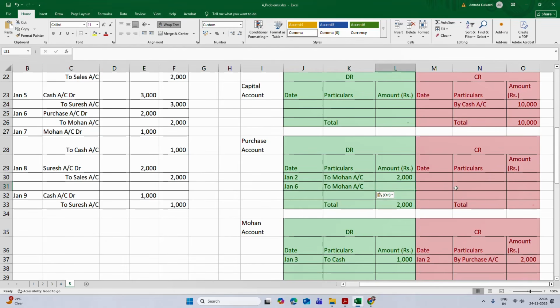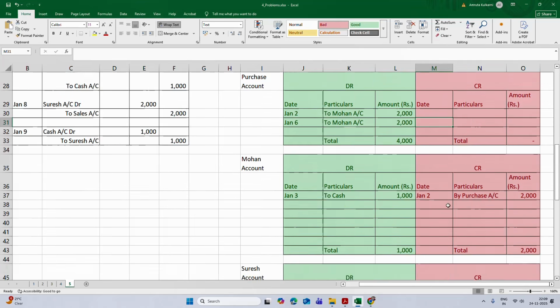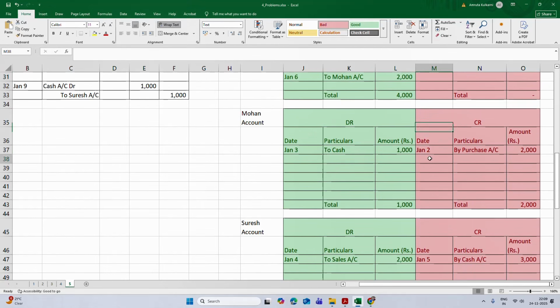So Mohan has paid, that's why to Mohan account again 2000 rupees, and now this Mohan account has to be credited on Jan 6 by purchase, that is 2000 rupees.